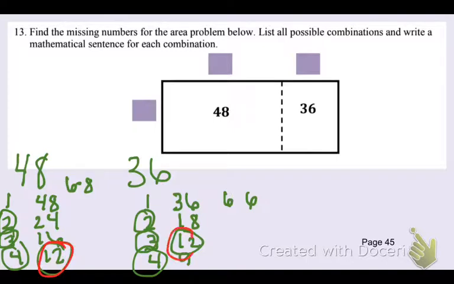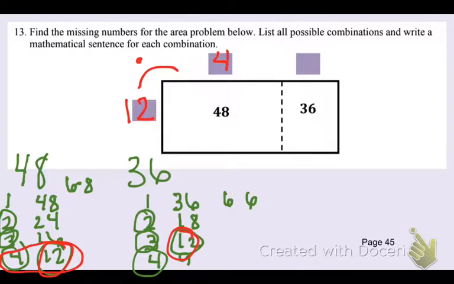So we're going to use 12 as our number. So 12 goes on the outside, and 12 multiplied by what gives us this 48? Well, we said 12 multiplied by 4 if we go down here. So 4 goes up here.